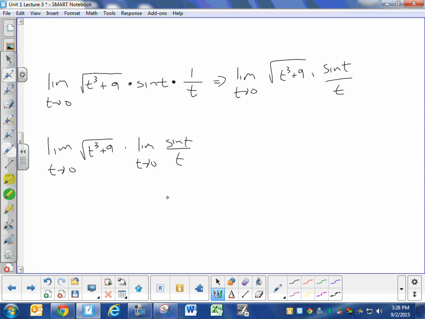I know what this is. This is just 1. I know what this is. I can plug in 0 in for t. And this will just be the square root of 9, which is also 3. Getting my answer for this situation is 3.